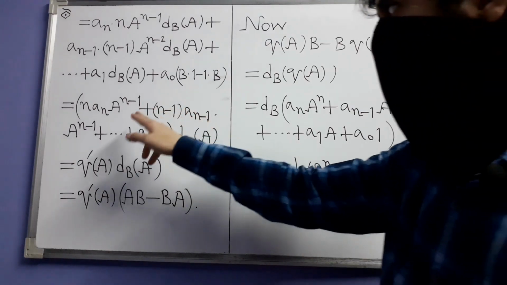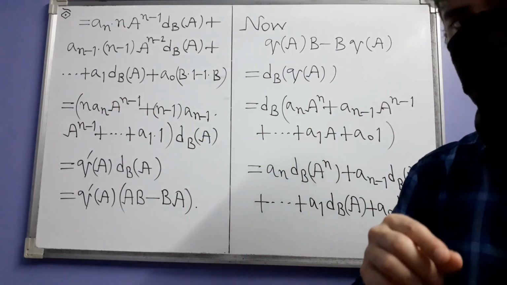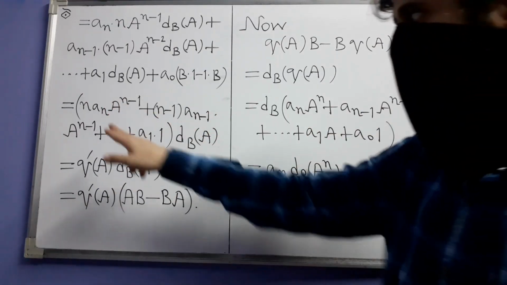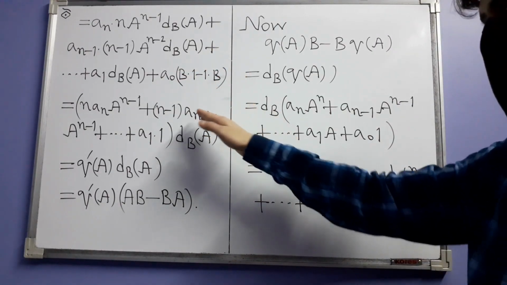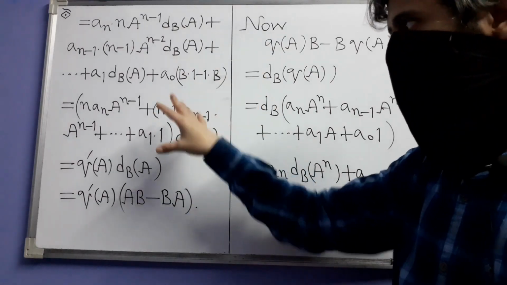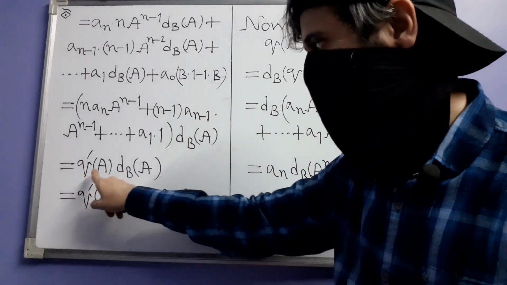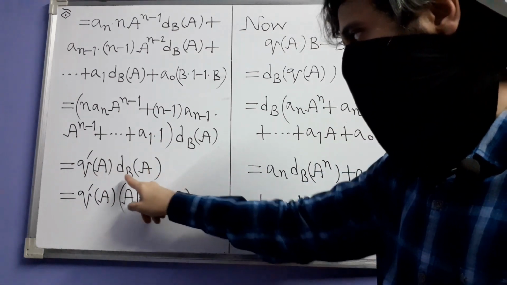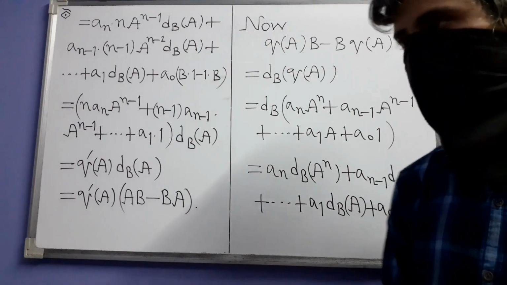Okay, so you can clearly see that if in place of a you write x and write the polynomial, n times a n x to the power n minus 1 plus n minus 1 times a n minus 1 x to the power n minus 2 and so on. So that is nothing but the derivative of q of x. So that way we get q prime of a times dB of a, and dB of a of course is this, so that way we get our result.